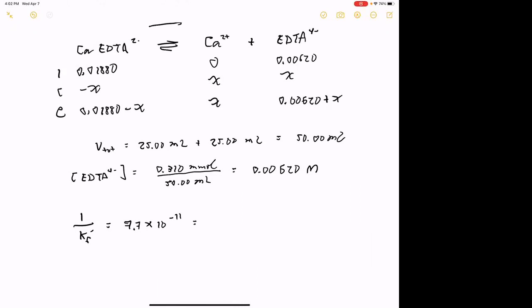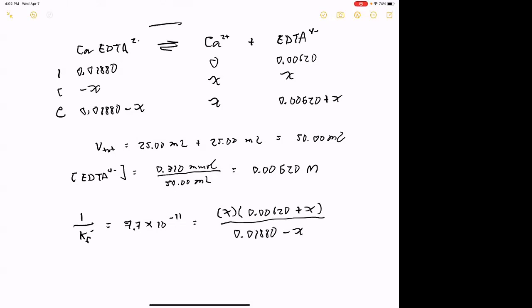So I need the X there for the calcium, 0.00620 plus X up there for the EDTA. Then I need the complex on the bottom, that's 0.01880 minus X.